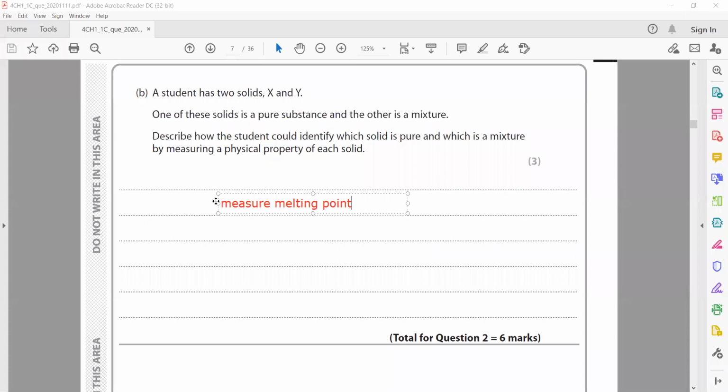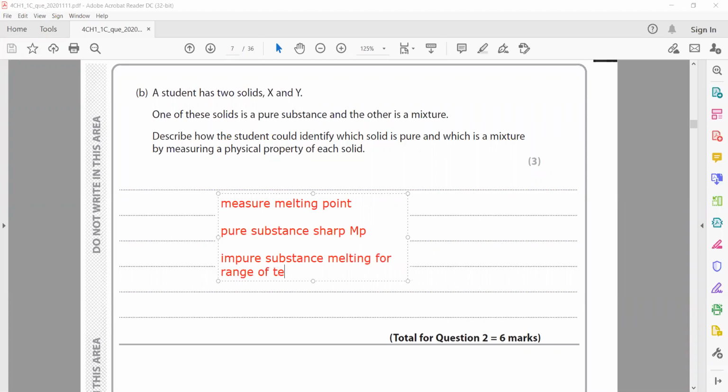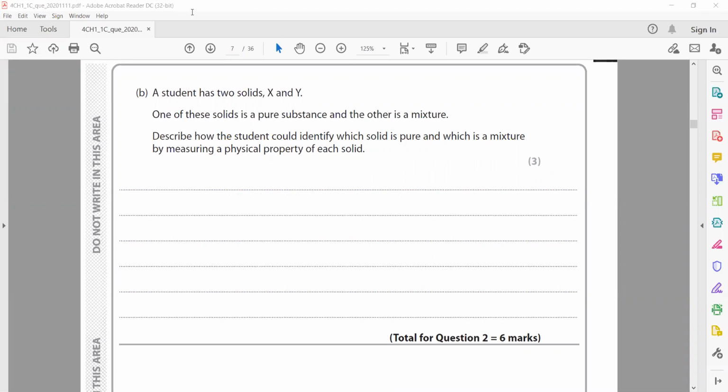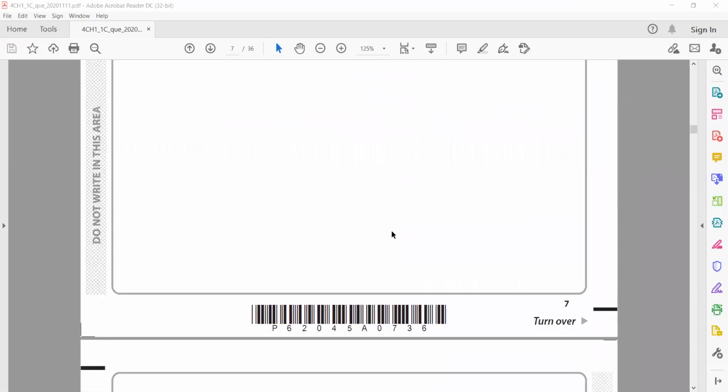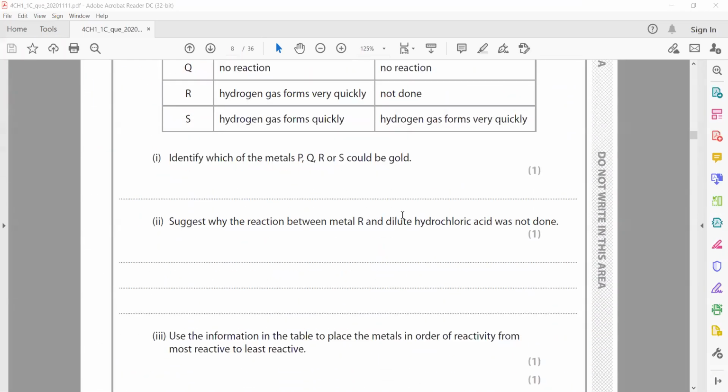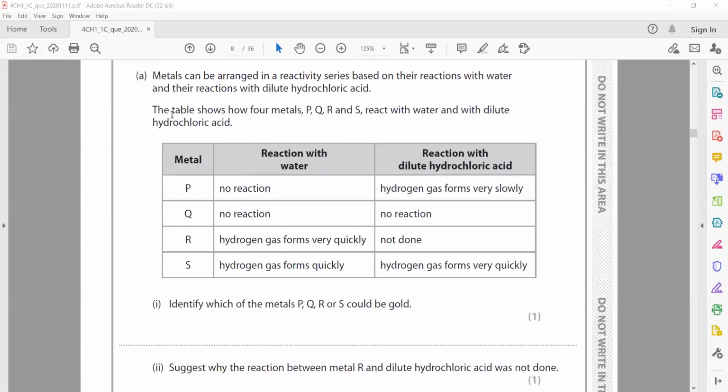The pure substance will have a sharp melting point, whereas the impure substance will melt over a range of temperature, or it will have a lower melting point than the pure substance.